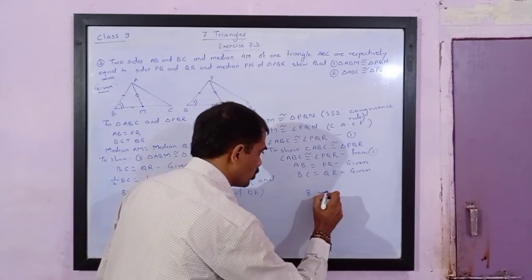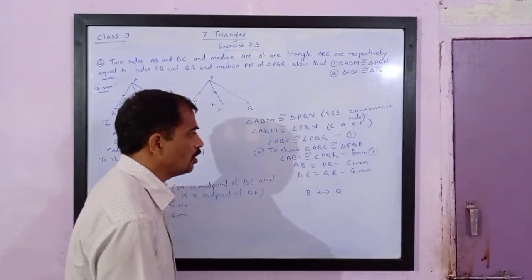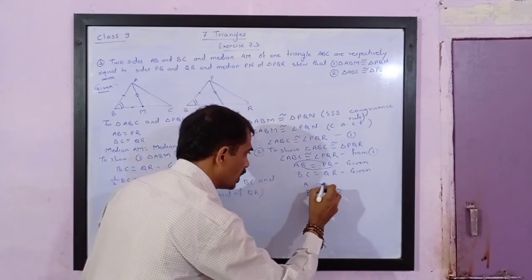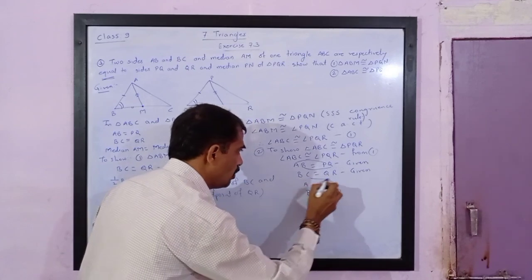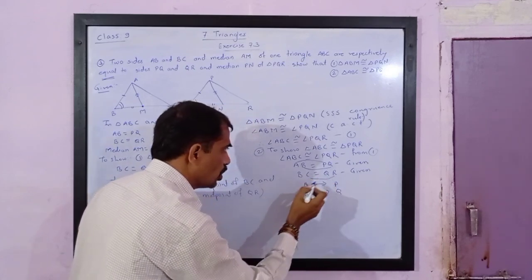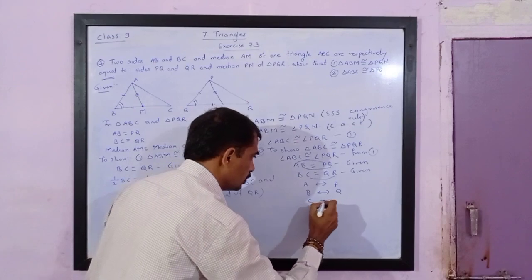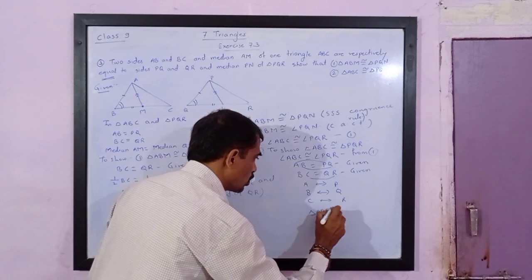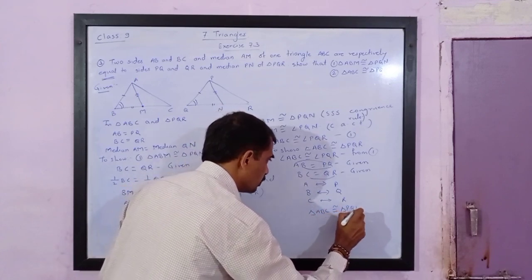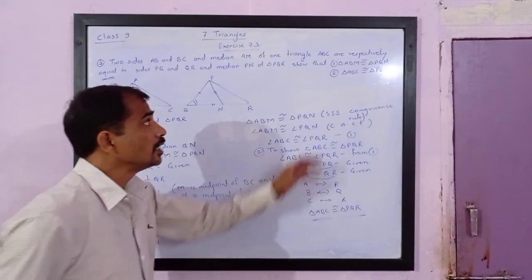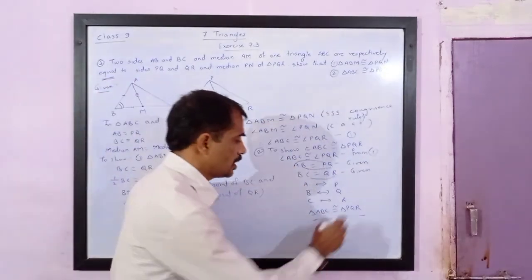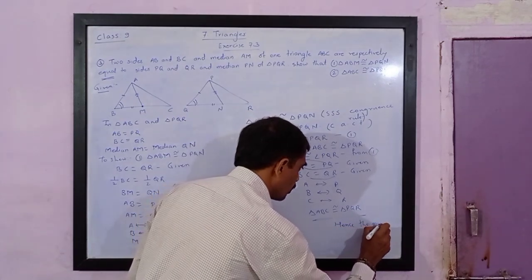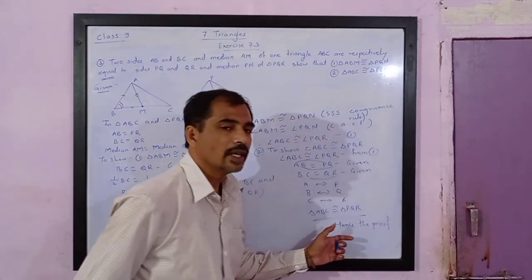So here B corresponds to Q. Now if B corresponds to Q, then A will correspond to P, and C will correspond to R. It means triangle ABC is congruent to triangle PQR, and that was only asked to prove. So hence the proof. In this way we can prove.